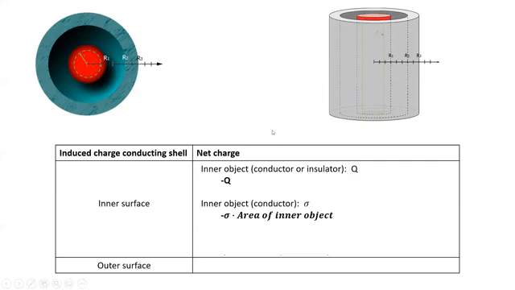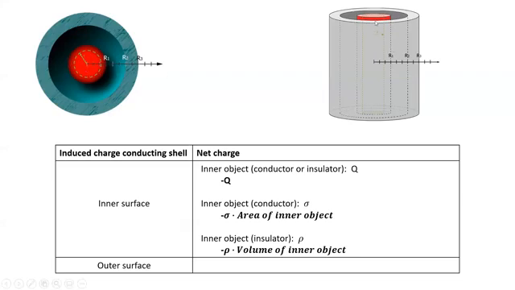Let's say the inner object, though, is not a conductor. Let's say it's an insulator. Then instead of telling us what Q is, maybe they would tell us the charge density, rho, which is charge per unit volume. If you wanted to know the total charge of the inner sphere, assuming it's an insulator, you'd take rho times the volume of that sphere, which is 4/3 pi r cubed.